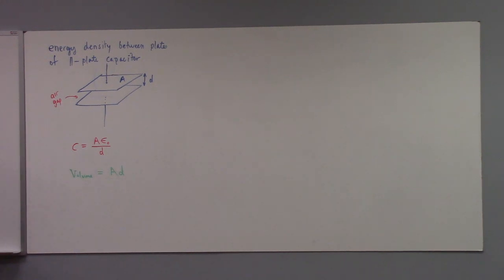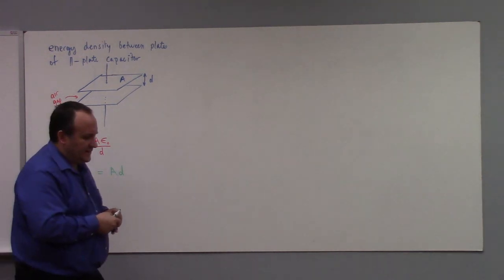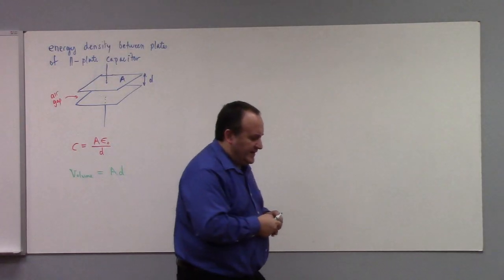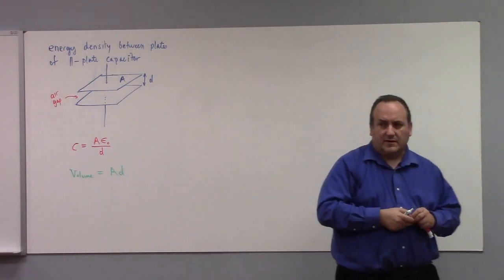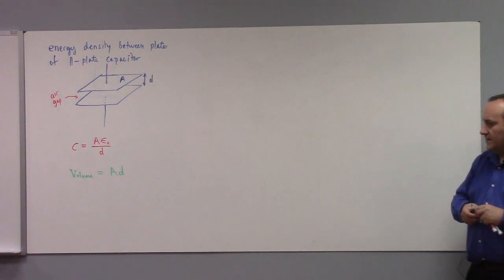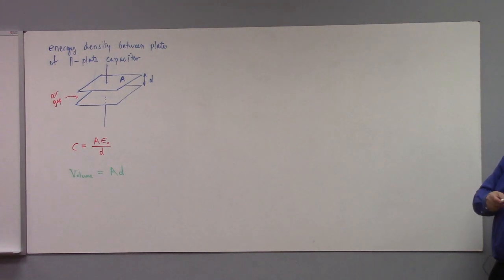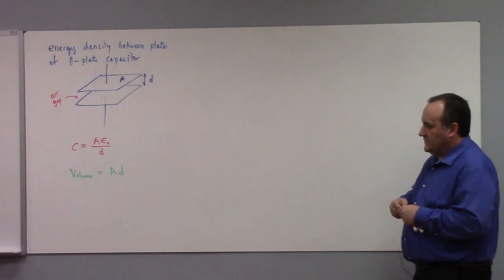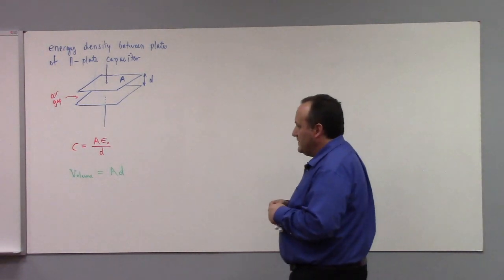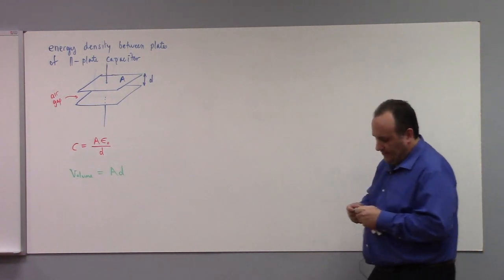If you don't like this, you could imagine a much larger capacitor, and that we're just looking at a part of the volume close to the middle of the capacitor, away from the edge effects. That would make my derivation less suspect.